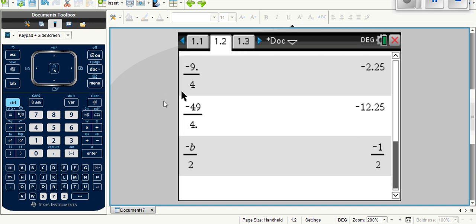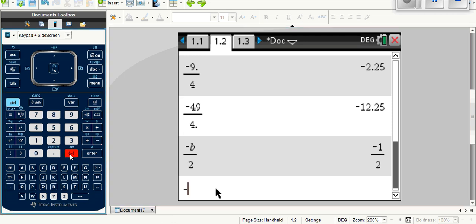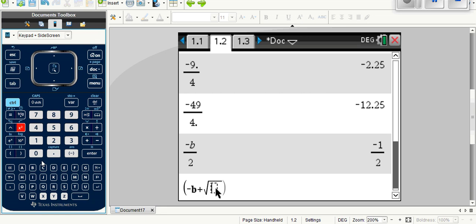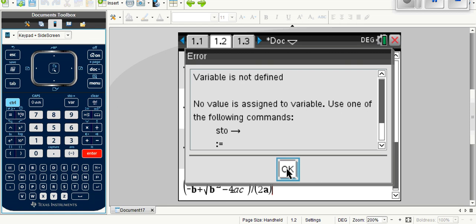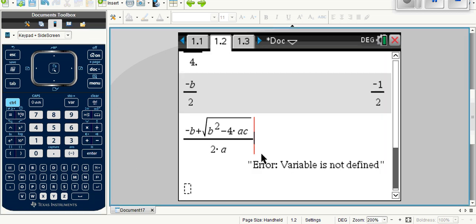Right? Now, if you write negative b, excuse me, parentheses, negative b plus square root b squared minus 4ac divided by 2a, in this case 2, but just to make sure.